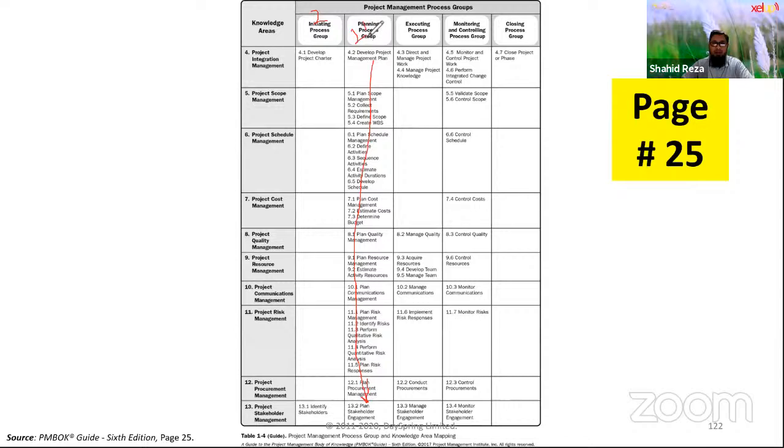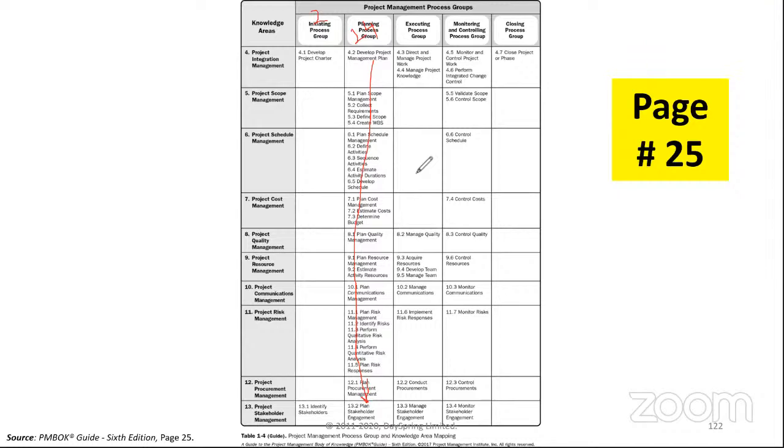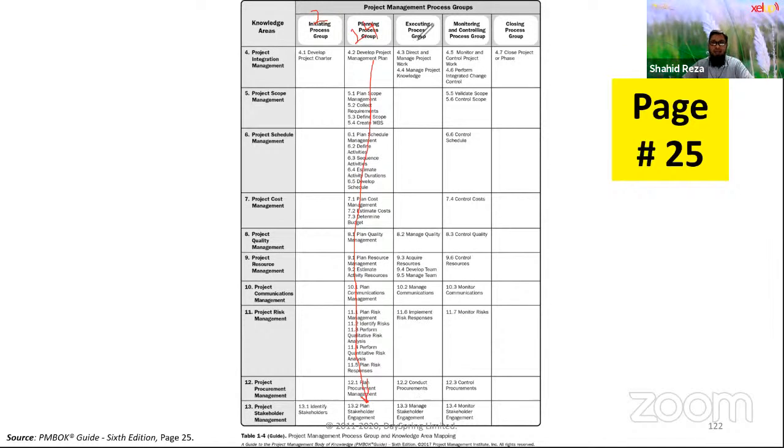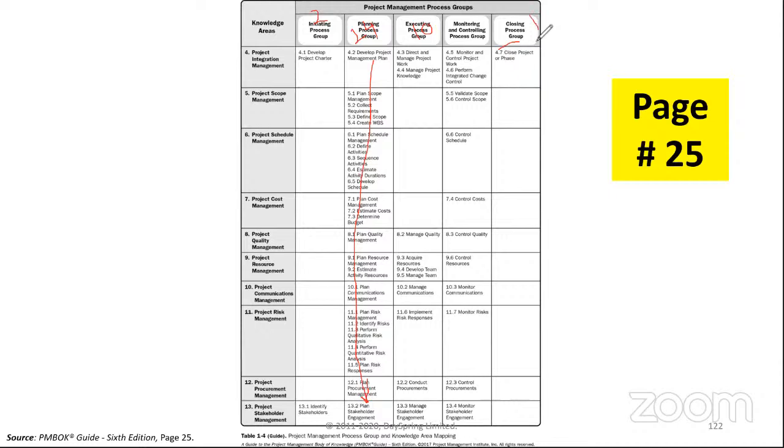Under the executing process group, how many? 1, 2, 3, 4, 5, 6, 7, 8, 9, and 10. So 10. And under the closing process group, only 1, right?